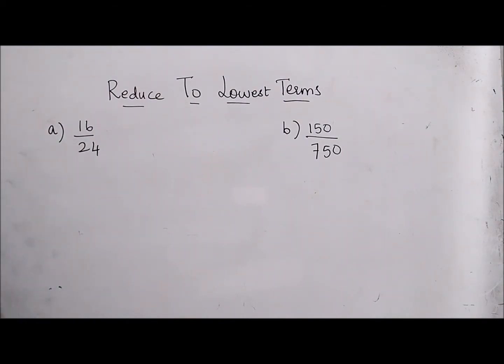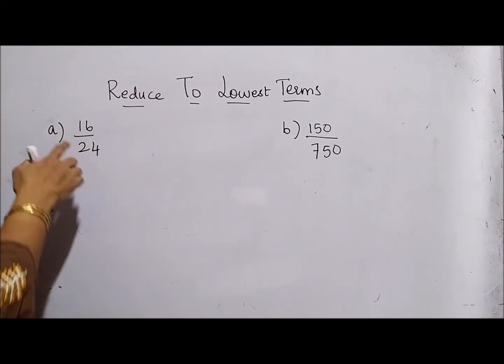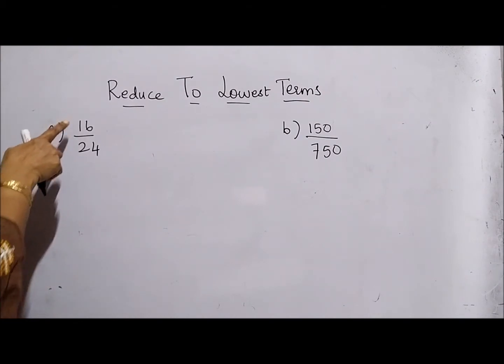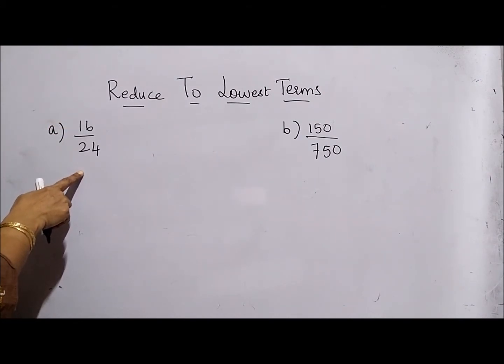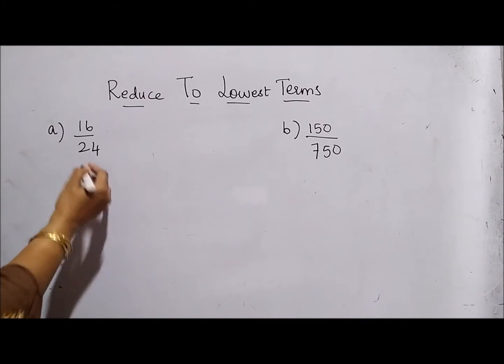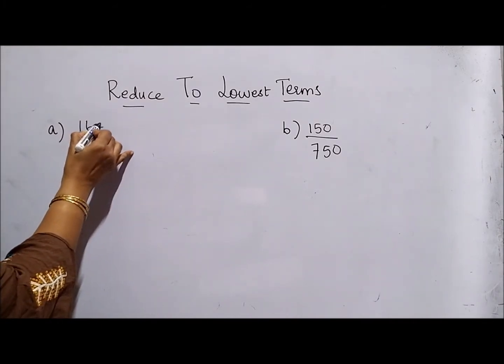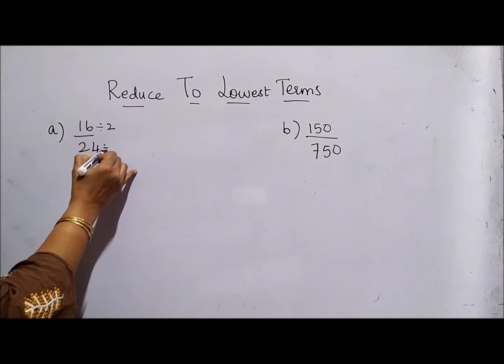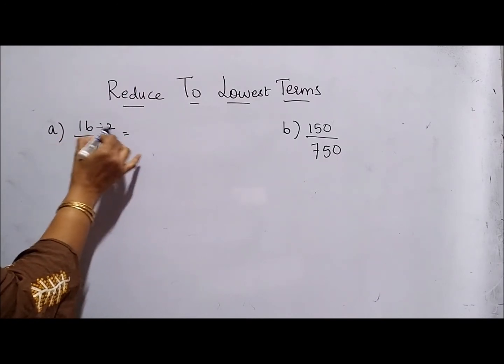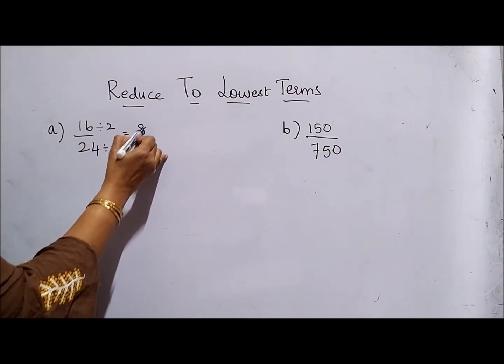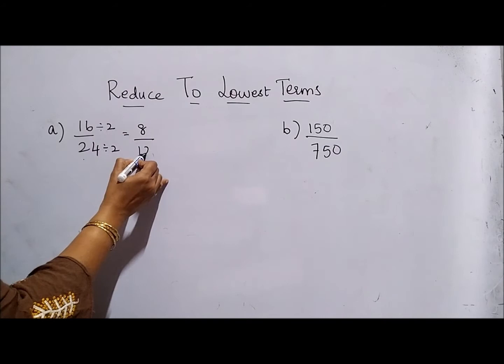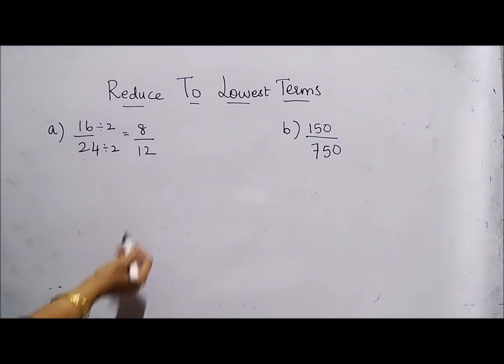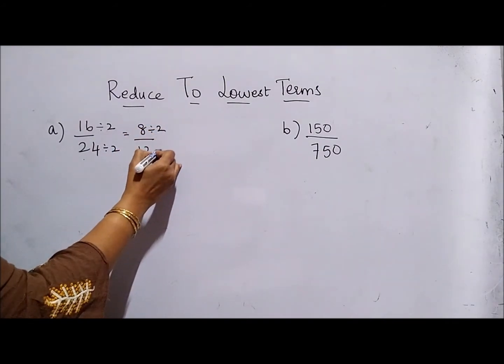Now, we can start with, both are even numbers, so I can start dividing with 2. I'll show you both the methods. So, I am dividing both by 2. 16 by 2 is 8 and 24 by 2 is 12. Now, again both are even numbers. So, 2 and 2.